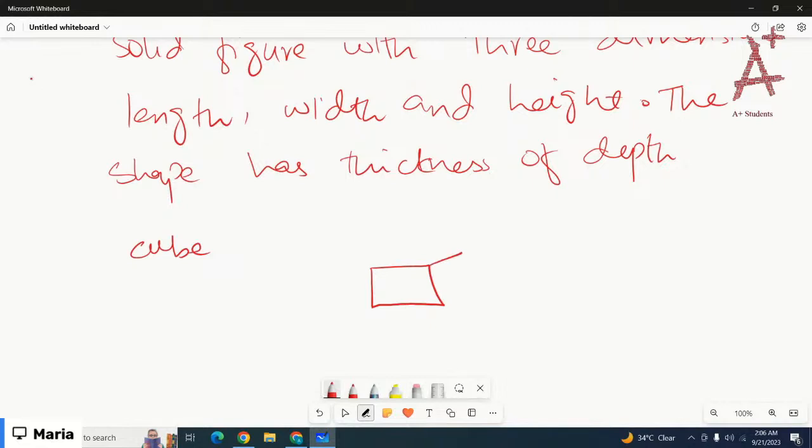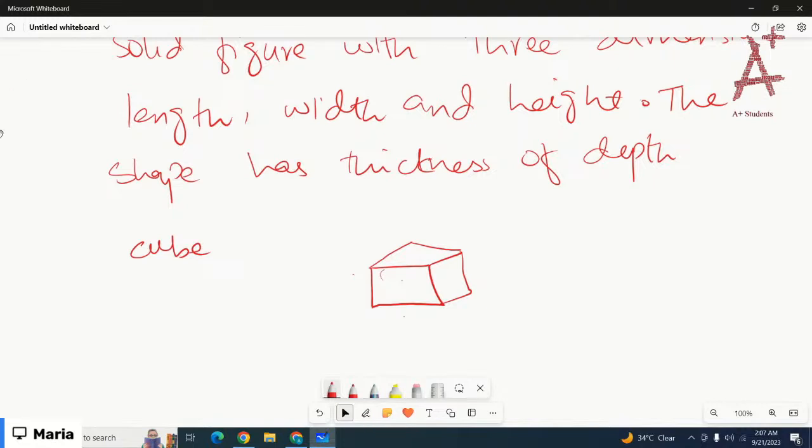But this is a cube. A cube has six faces. You can just see three faces. They have the opposite faces on this side, this side. They also have three. So a cube has six faces, right?